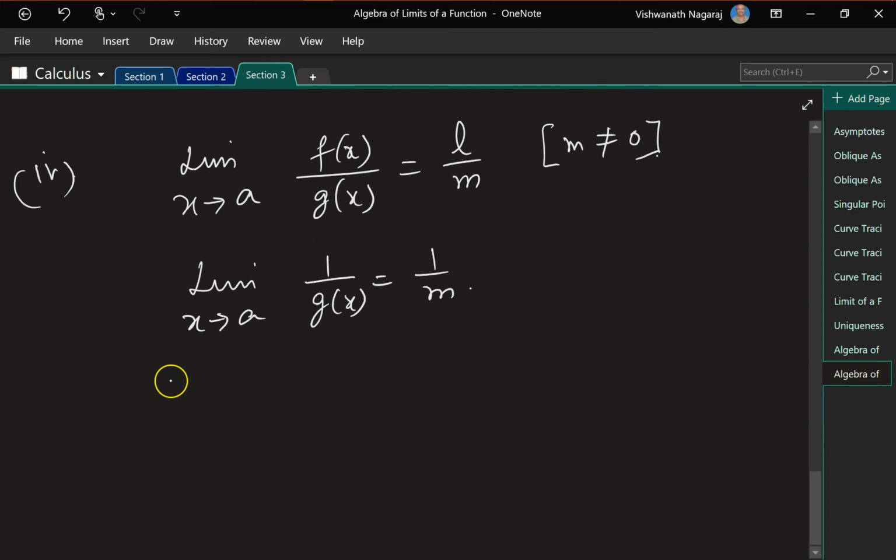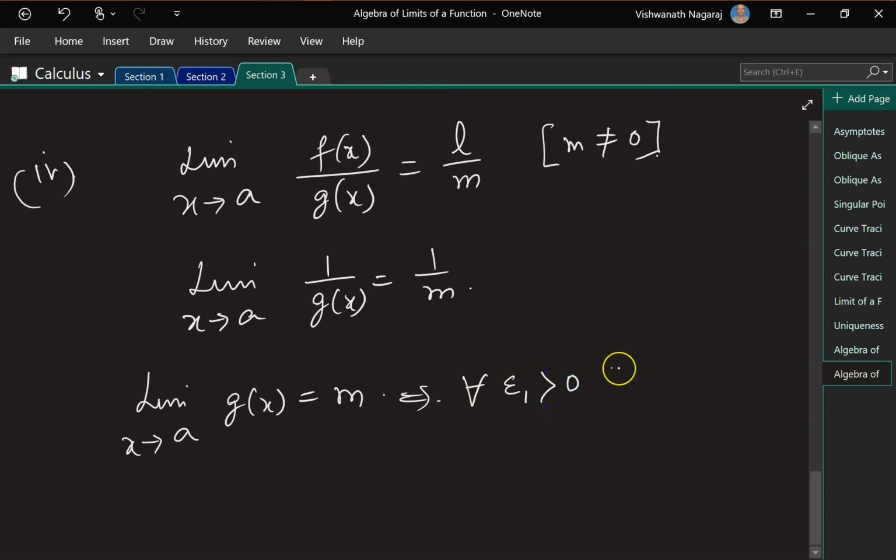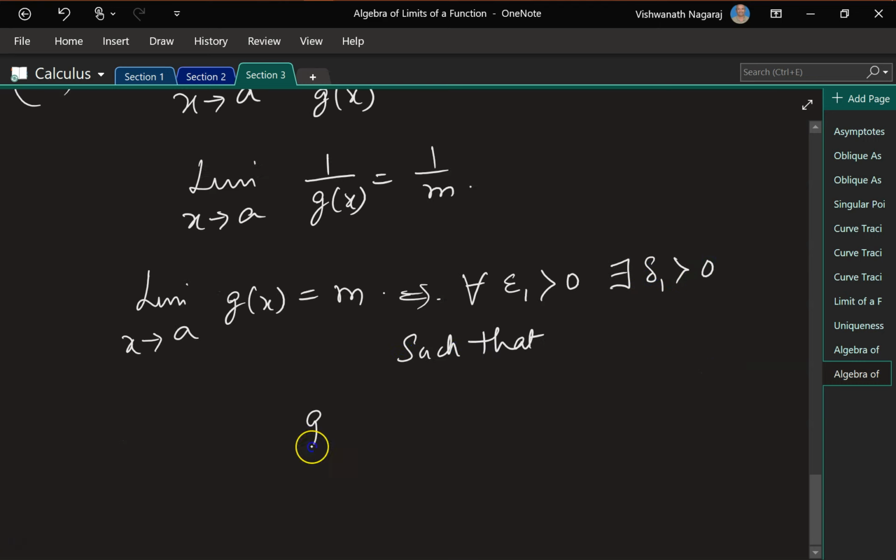So let's begin. Limit as x approaches a of g(x) is equal to m, which implies that for all epsilon 1 greater than 0 there exists delta 1 greater than 0 such that |g(x) - m| is less than epsilon 1 whenever |x - a| is between 0 and delta 1.